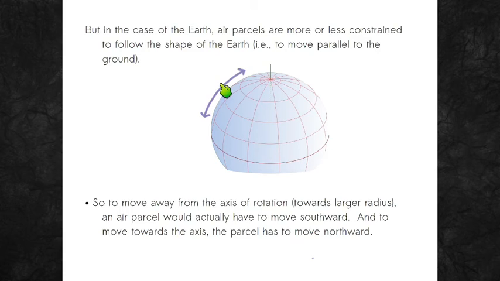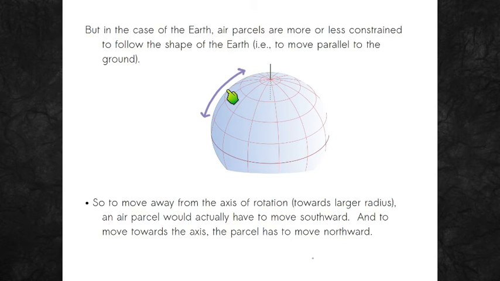And so as a result, we don't really get a whole lot of motion in the vertical direction due to these kinds of effects because they're just going to be washed out by gravity. So as a result, we're really just thinking about the horizontal motions following the surface of the Earth, following the shape of the Earth. However you want to think about that, that's basically what happens: the air parcels are going to be constrained to follow the shape of the Earth.